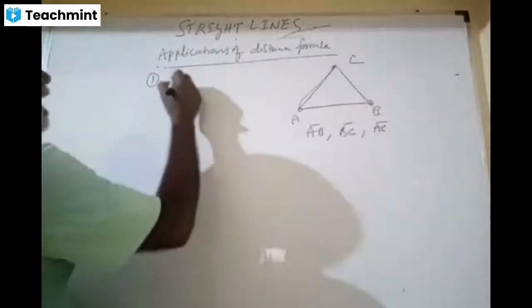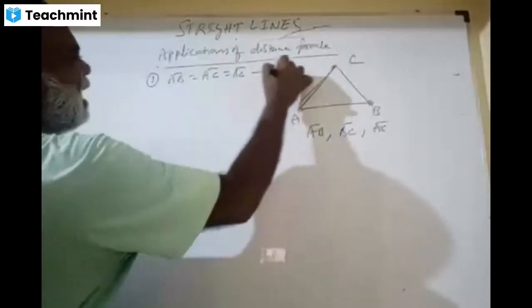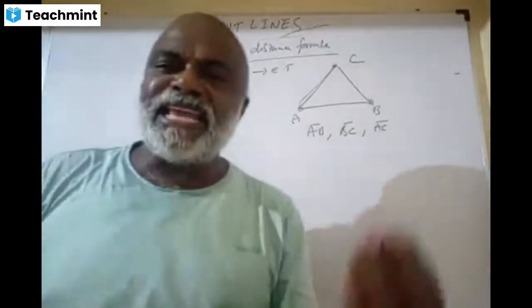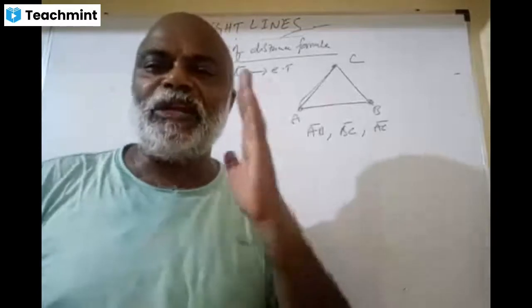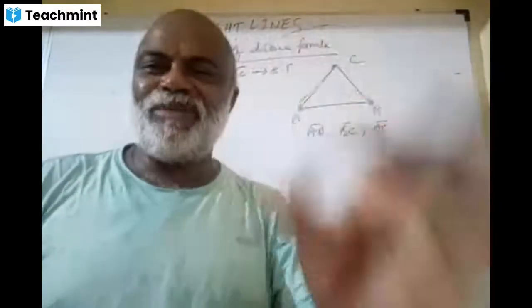If AB equal to AC equal to BC, then I say that the triangle is an equilateral triangle. To say what type of triangle it is, we do that by using the distance formula.